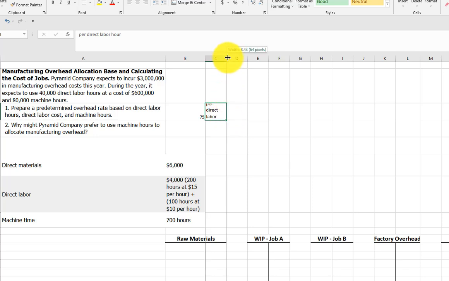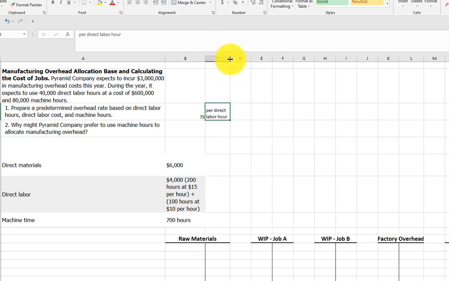We'd like to label that because when we have multiple jobs, multiple things going on, it's really easy to lose track. We don't want to just say per hour because that could be machine hours, when we get later in the problem and we're trying to look back and see what we did.